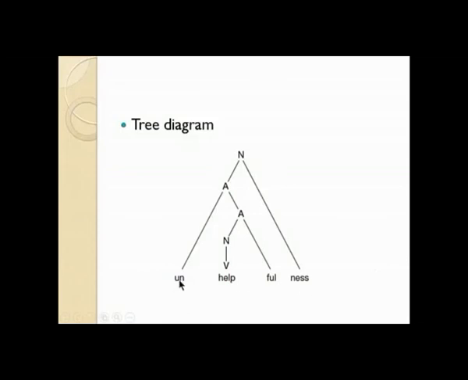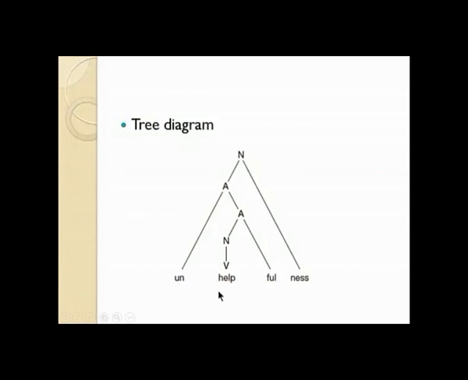Unhelpfulness. Although the ness in here was the suffix giving a great effect to help, since it doesn't change the part of speech of help as a noun, but since full is the suffix that transforms the root of the word unhelpfulness, full still becomes the head in here.